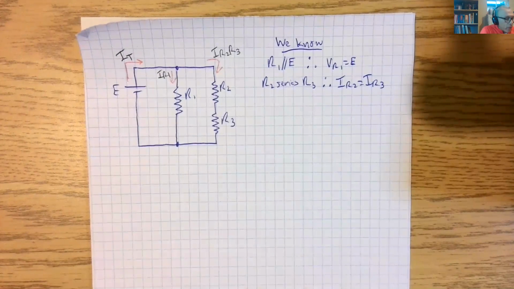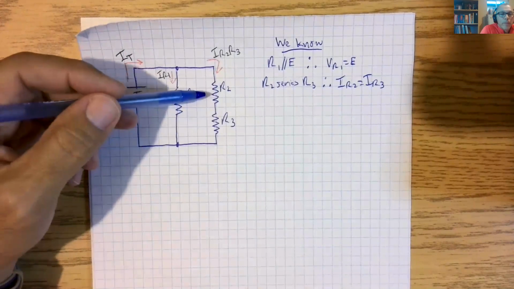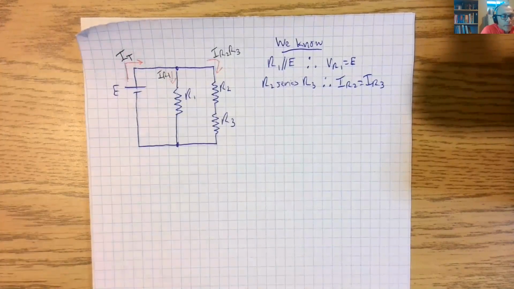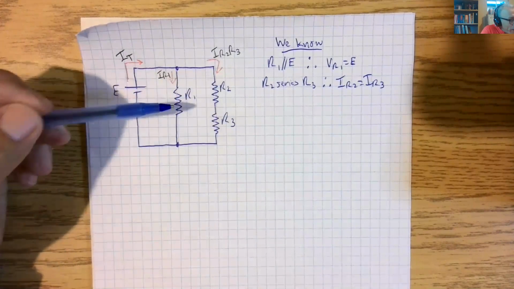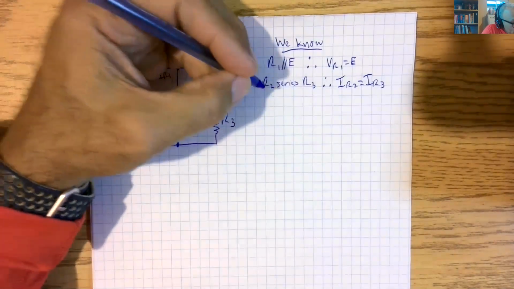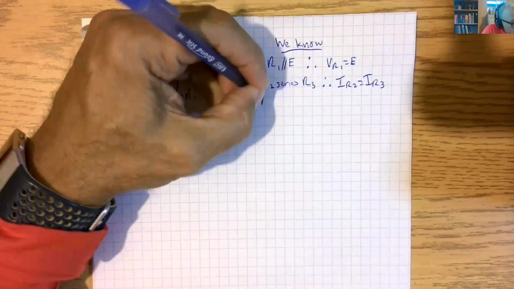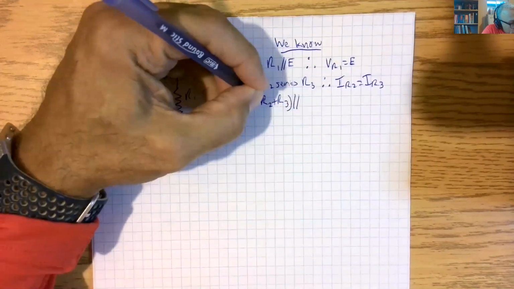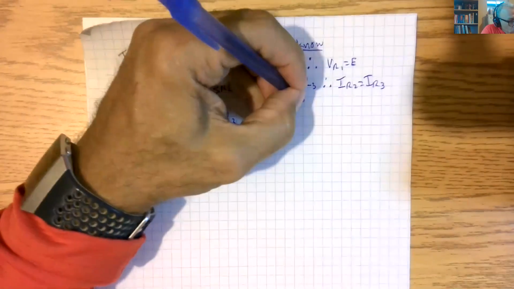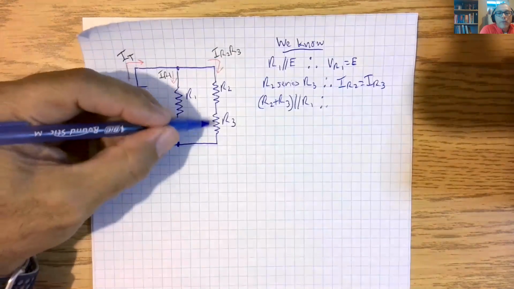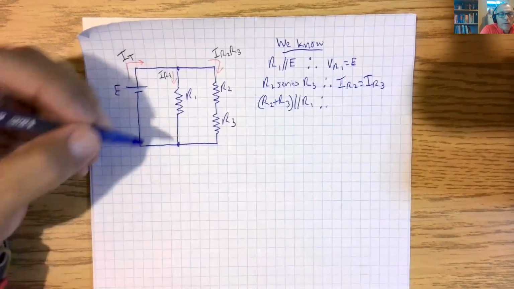Now, these two together are in parallel with R1, which tells us that if R2 plus R3 are in parallel with R1, then these two voltages add up to equal VR1.